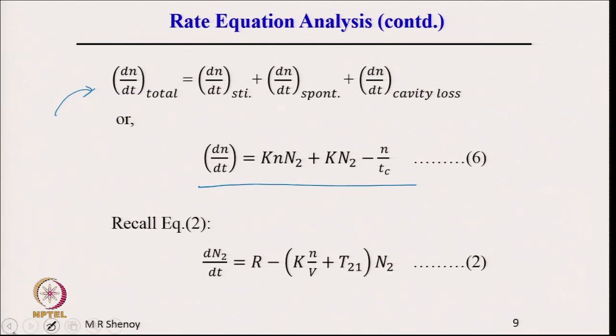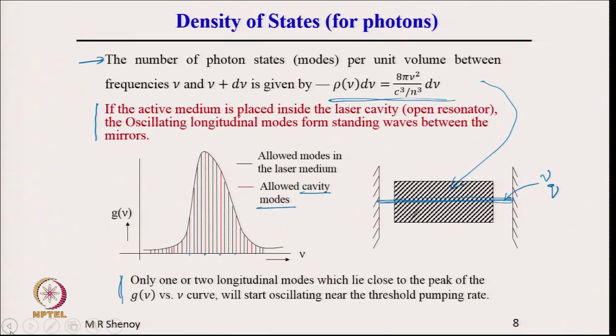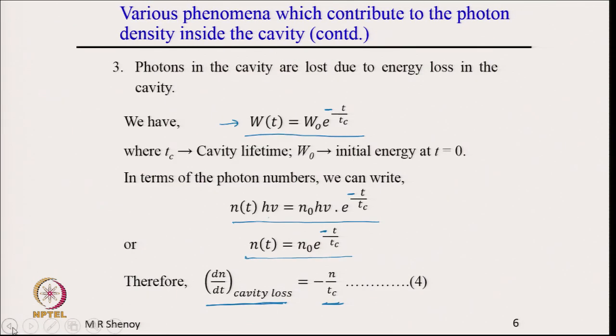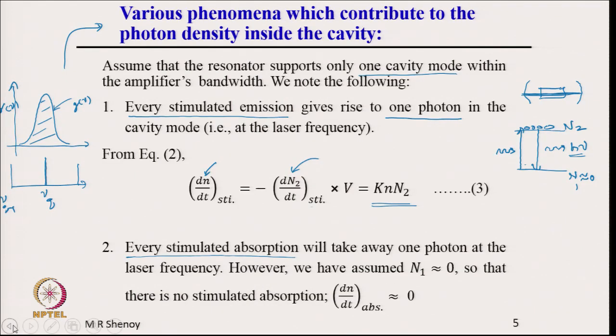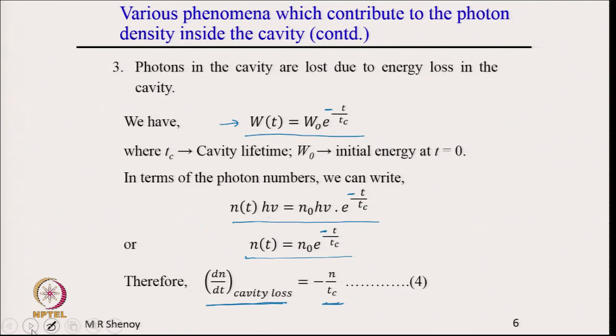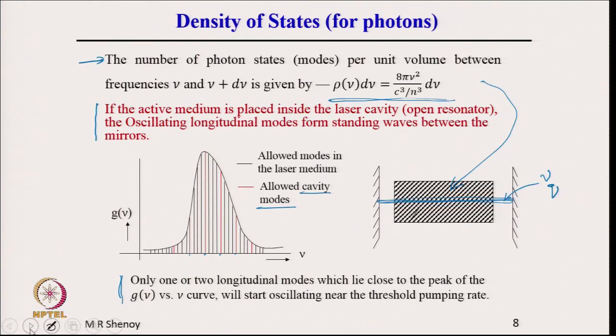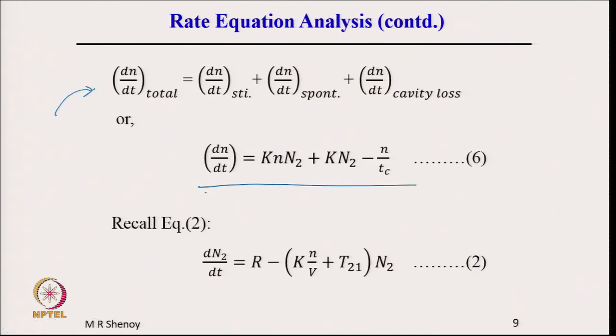So, we had seen all the 3 terms, k times N2 here, minus n by Tc here, and k n N2 here, equation 3. So, equation 3, equation 4 and equation 5 added together here to form equation 6.